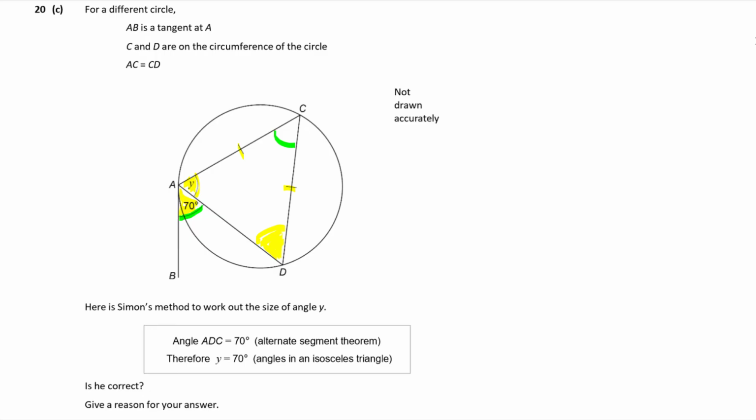The alternate segment theorem actually says angle BAD is equal to angle DCA, or ACD, and not angle ADC.